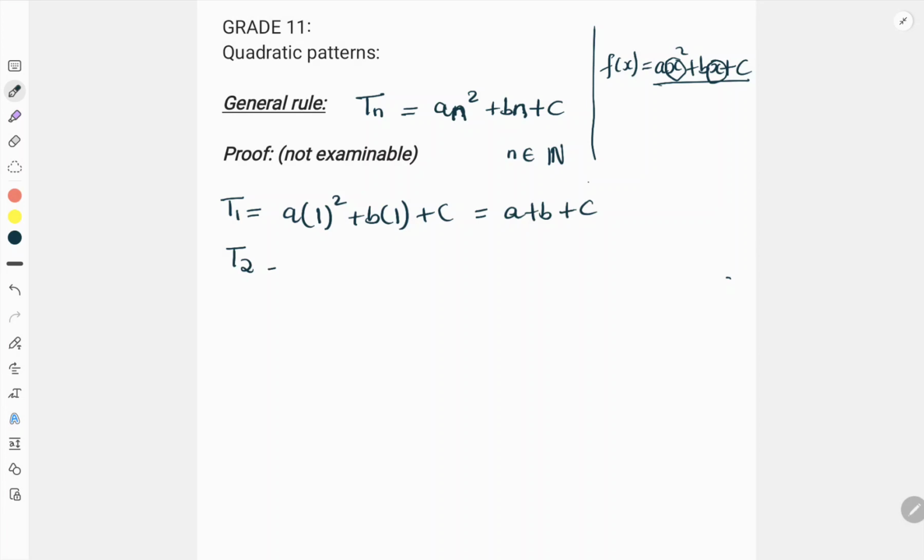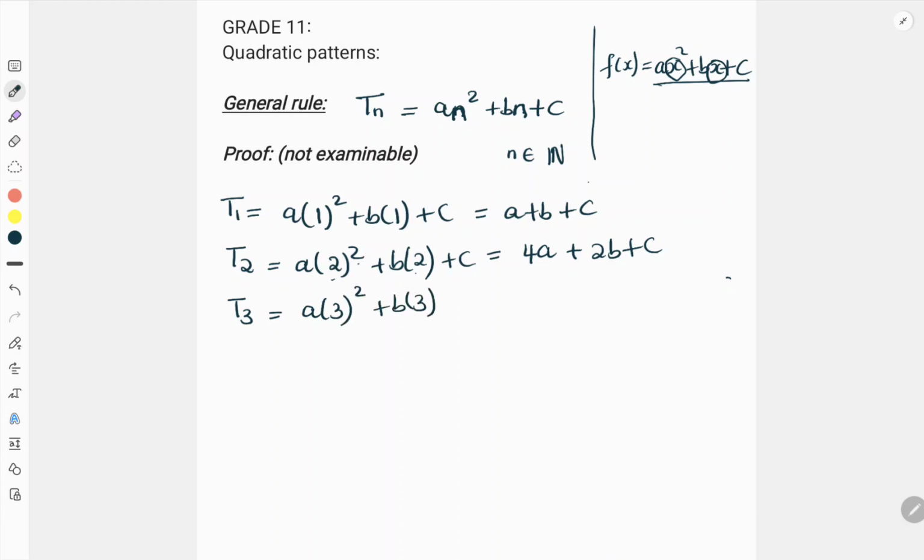Then term number 2 will be a into 2 squared plus b into 2 plus c. Then 2 squared is 4, 4 times a is 4a, plus b times 2 is 2b plus c. Then term number 3 will be a into 3 squared plus b into 3 plus c, which will give you 9a plus 3b plus c.